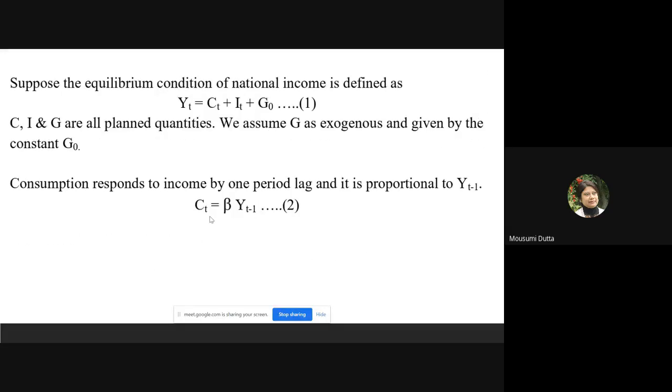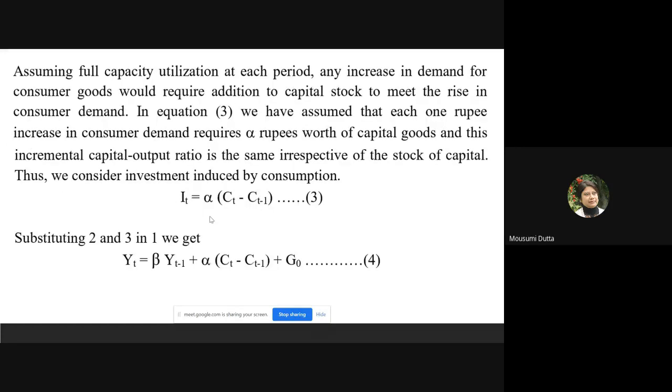Any question regarding equation number 2 and equation number 3? Ma'am, is there any restriction on alpha? Means, can it take any value? I'm coming to all these things, whether alpha will be greater than 0, less than 1. Okay, so all these things I'll discuss.